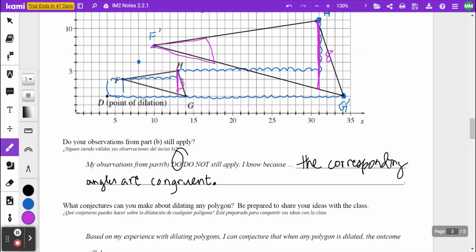I'm just going to say that the corresponding sides are proportional.